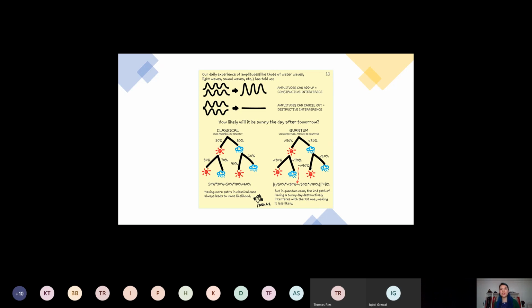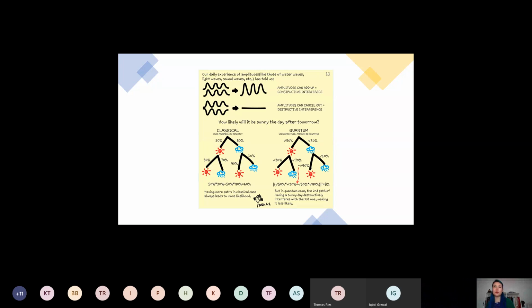However, if fictitiously this situation is quantum mechanical, then there's nothing preventing us from having a negative amplitude, because we just need to make sure that the probabilities add up to 1. So amplitude squared is probability. There's nothing preventing us from having a negative amplitude, because when we square it, we will still get a positive probability.